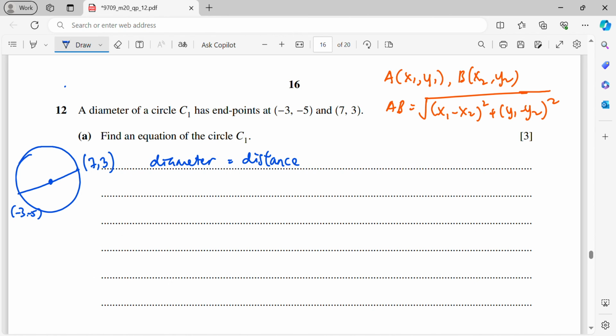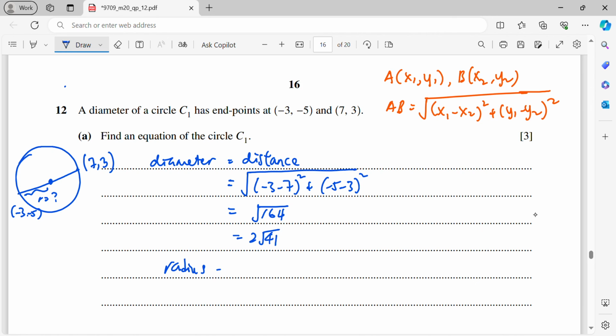That means now, by applying the formula square root of minus 3 minus 7 squared plus minus 5 minus 3 squared, then you will get square root of 146, and this is going to be 2 square root 41. So now I can find what is the radius, r. So my radius is half of diameter. Therefore, it is square root of 41.